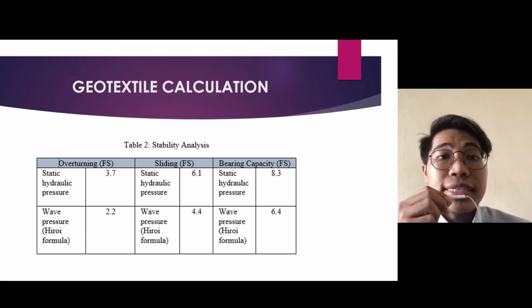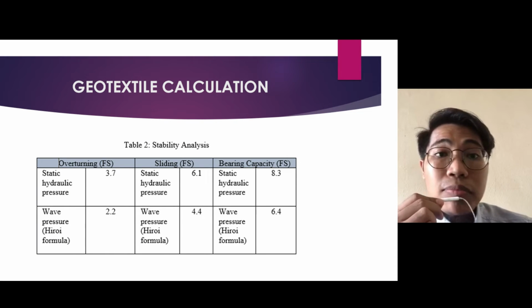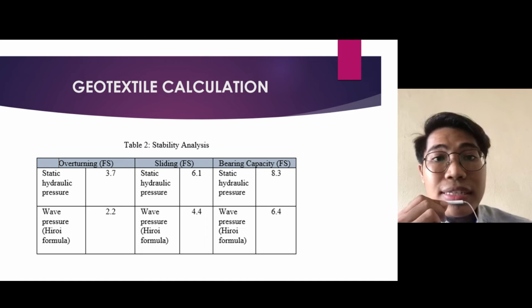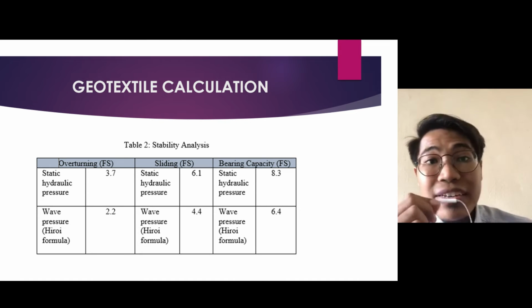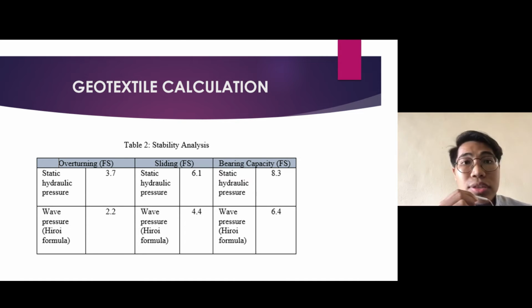For the design calculation, the main problem in geotextile tube technology is the lack of proper design criteria, for factors such as hydraulic stability and structural functionality. A geotextile tube structure can fail for many reasons, like sliding, overturning, bearing capacity failure, and migration of the sand in the tube.